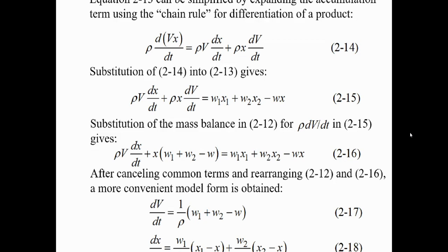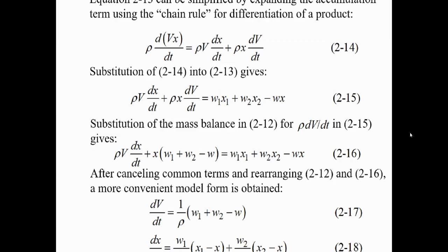By substitution of the mass balance in equation 2.12 for rho dV/dt in equation 2.15, that gives equation 2.16: rho V dx/dt plus x times (w1 plus w2 minus w) equals w1 x1 plus w2 x2 minus wx.